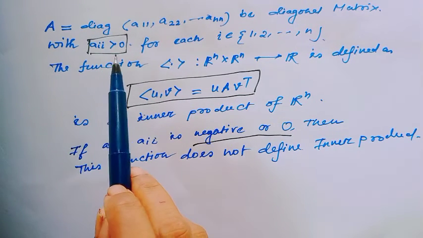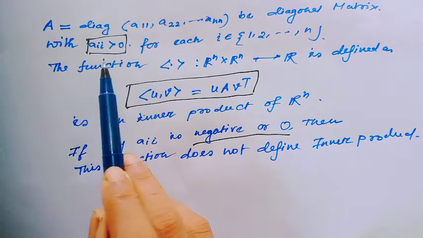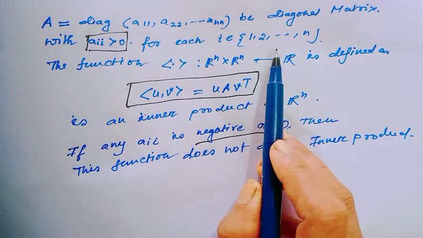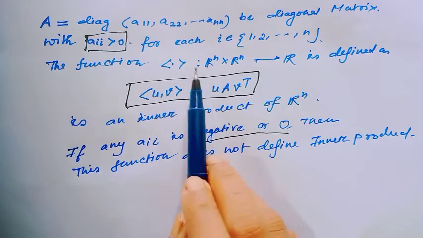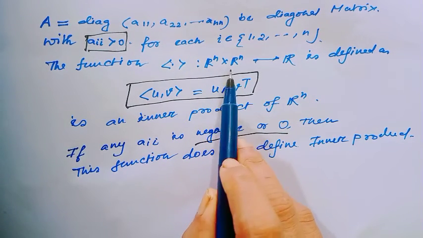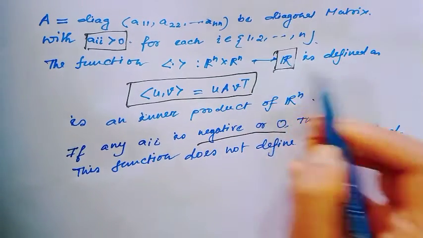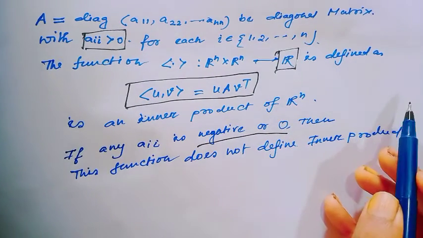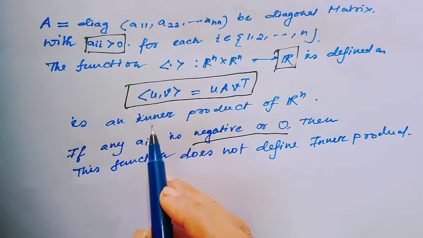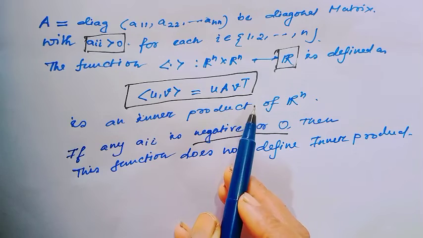If A is a diagonal matrix, any diagonal matrix of n cross n with the condition ai greater than 0 for each i belonging to 1 up to n, then the function inner product, which maps Rn cross Rn to R, is defined as inner product U comma V equal to UAV transpose.